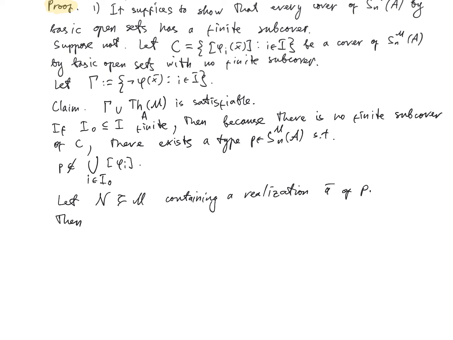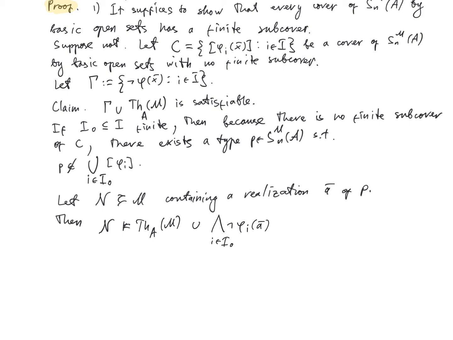Then we have that N satisfies the A-theory of M, where all the constants are interpreted by the elements that they represent, because N is an elementary extension. And it also satisfies the conjunction of not phi_i of a bar for i in I_0.